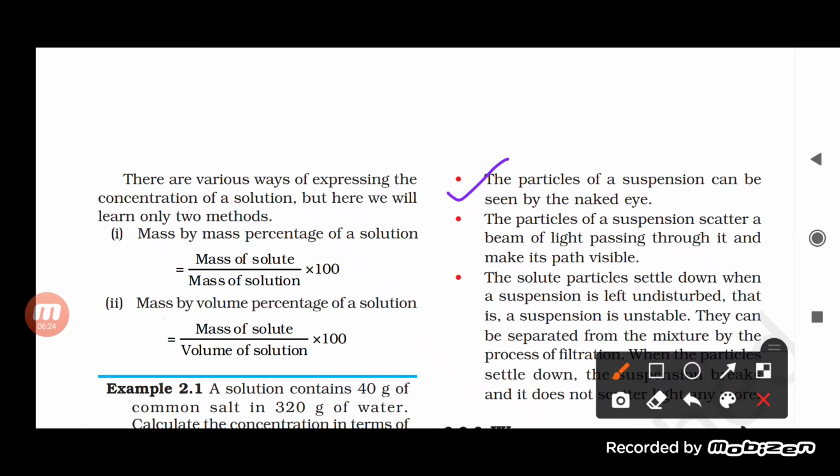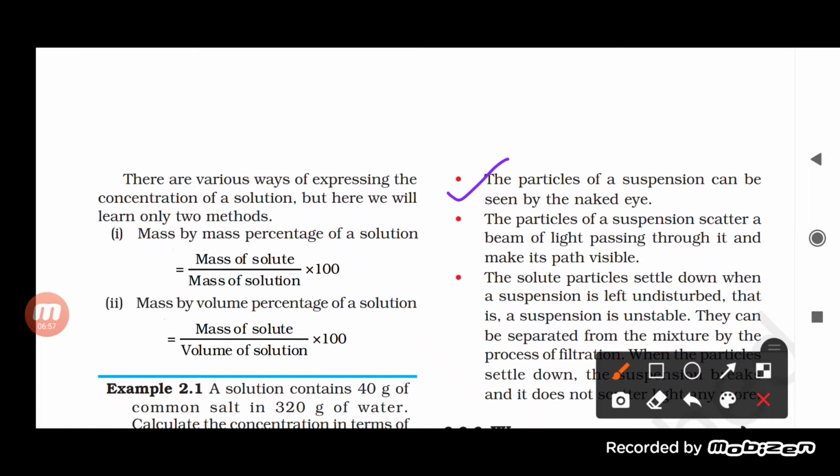Second one, the particles of a suspension scatter a beam of light passing through it and make its path visible. So the particles of the suspension will scatter a beam of light falling on it. Suspension is a heterogeneous mixture, so the size of the particle is such that when a beam of light falls on it, they are able to scatter that beam of light.